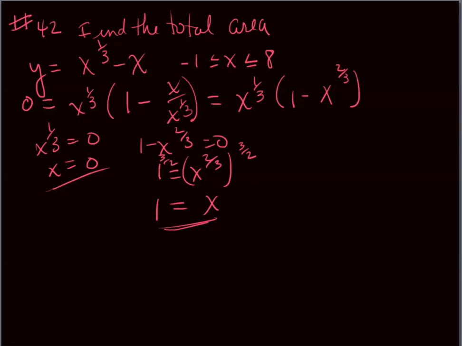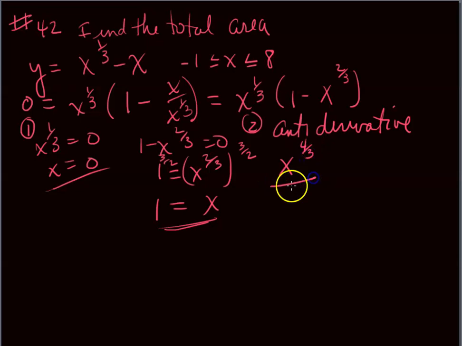Now, what is the antiderivative? So first of all, find the zeros. What is the antiderivative of x to the 1/3 minus x? Remember, you add 1, so now it's x to the 4/3. And then divide by the new exponent.